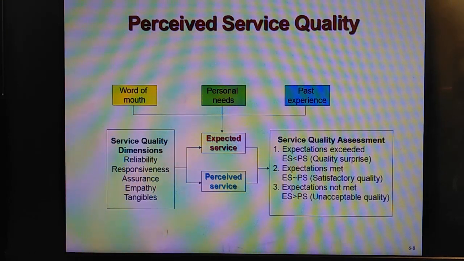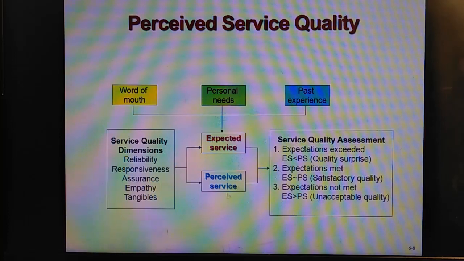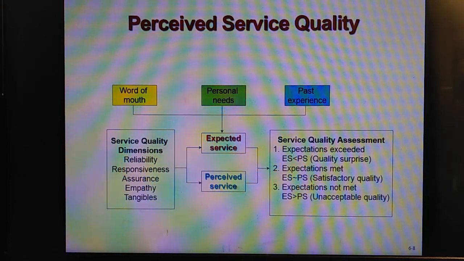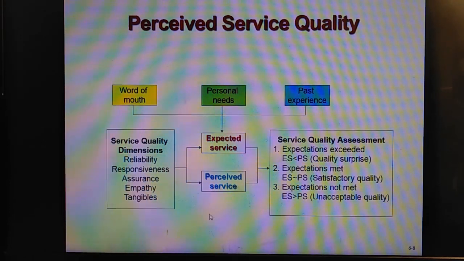For example, within 1 hour, your car will start to be serviced. So expected service is how fast you expect the response from the service provider to be, and the perceived service is the time you actually experience before your job gets served.